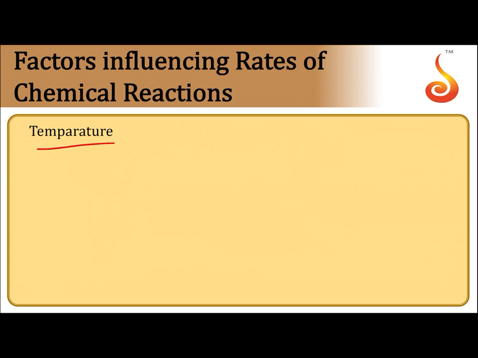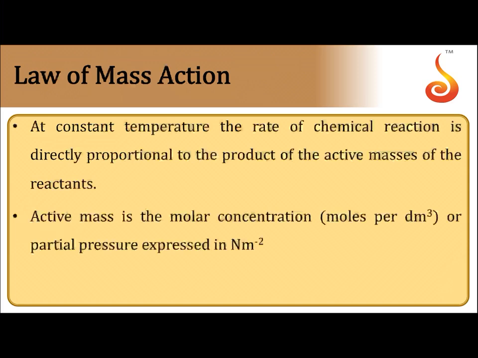Therefore, when temperature is increased, energy increases, and hence breaking of bonds becomes much easier. Hence the reaction will be very fast. When you increase the energy, the reactant bonds break very easily, and hence the formation of products also becomes easier, and therefore the rate of reaction increases. So the higher the temperature, the higher the rate of reaction.